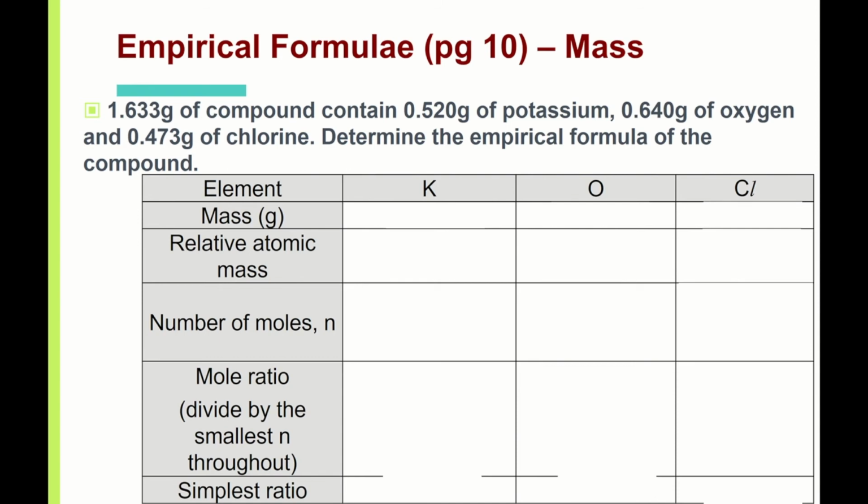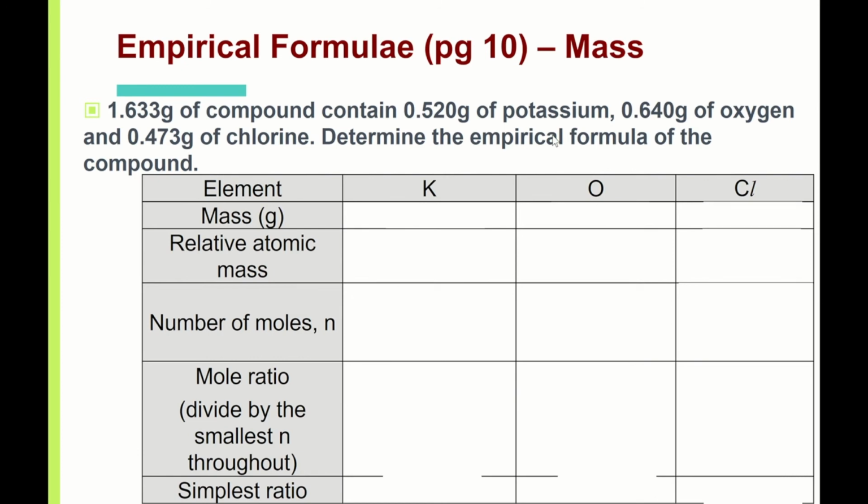You're given this compound, and for this compound you are given 0.520 gram of potassium, 0.640 of oxygen, and then 0.473 gram of chlorine. So there are a total of 3 elements.